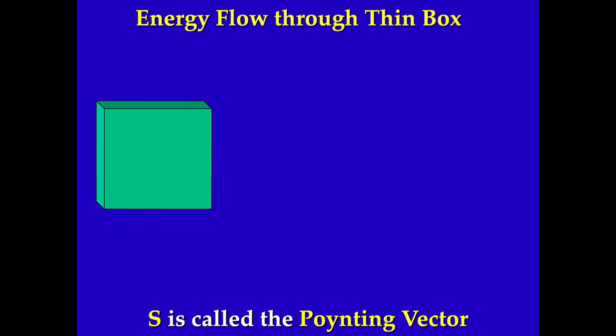And for the purposes here, I'm going to assume that the electric field has the same value over the surface area of the box. And let's say that the box has thickness dx and surface area A. And you have an electromagnetic field traveling perpendicular to that surface.